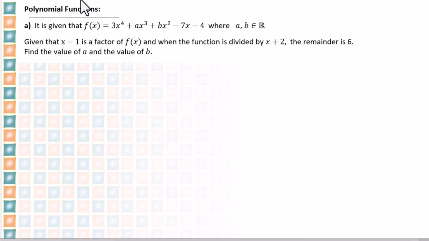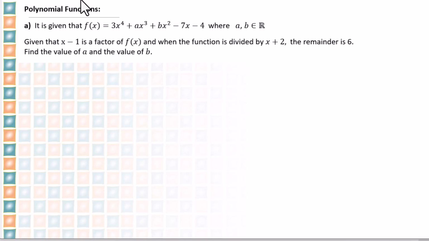Review for polynomial functions. It's given that f of x equals 3x to the fourth power plus ax to the third power plus bx squared minus 7x minus 4, where a, b are real numbers.